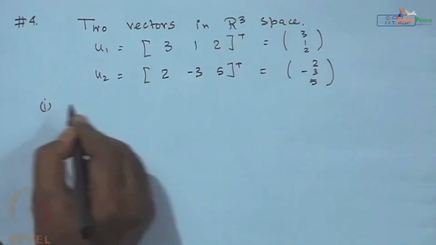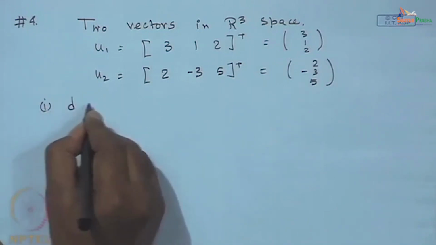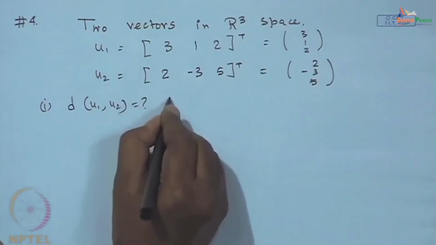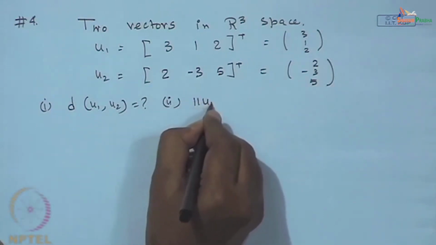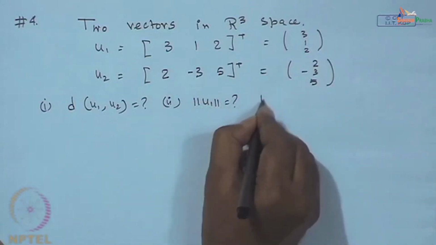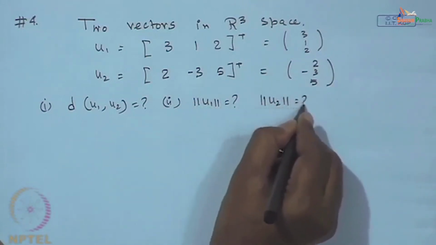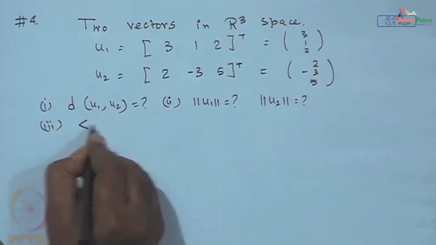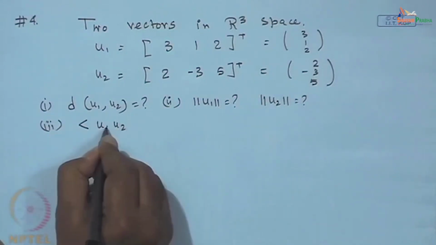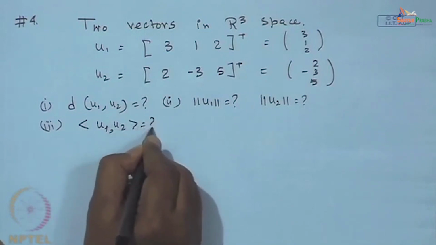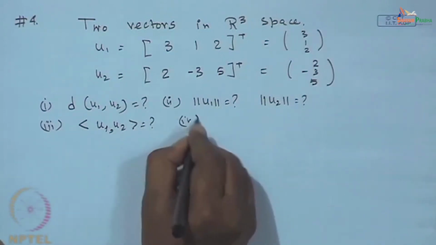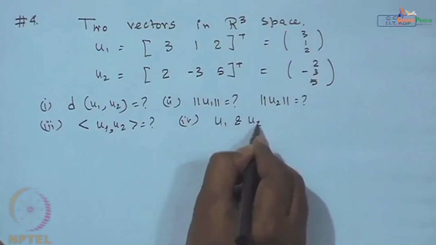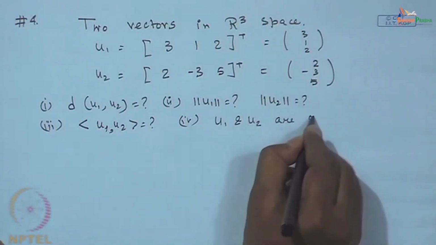Now, what we have to do? First, we have to compute the metric between u1 and u2. Second part, norm of u1 and norm of u2. Third part, the inner product between u1 and u2, and the last part is we have to check whether u1 and u2 are orthogonal or not.